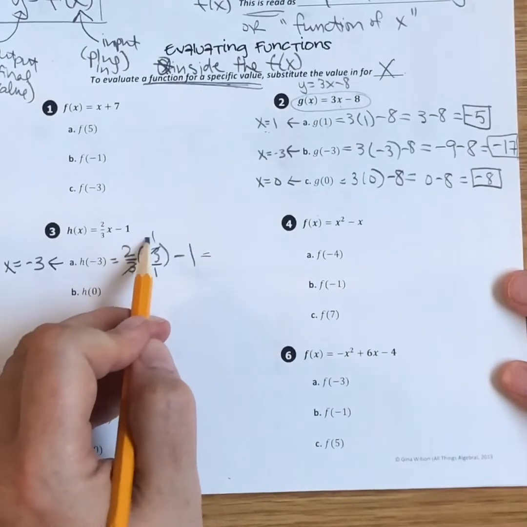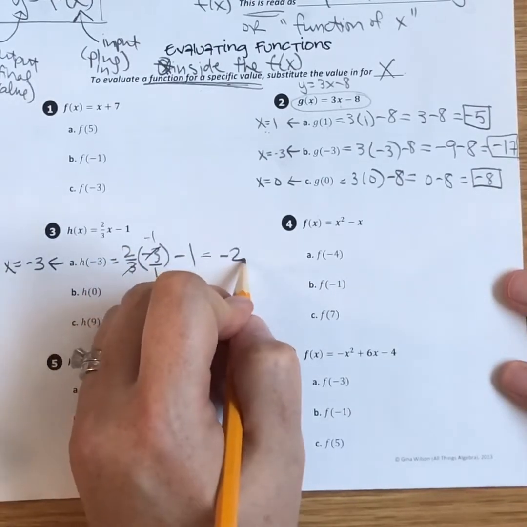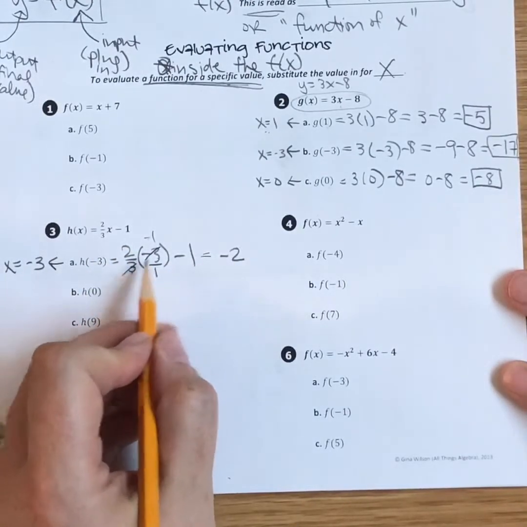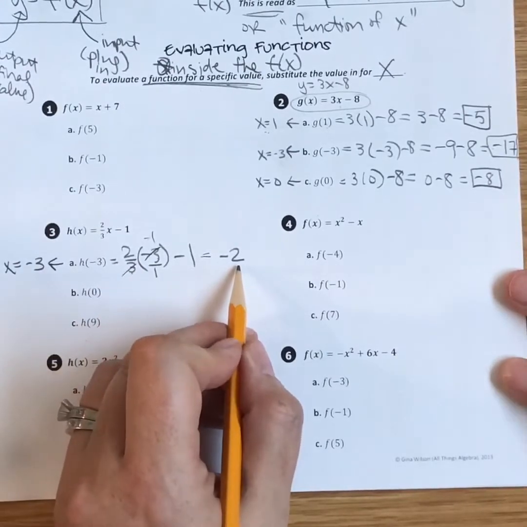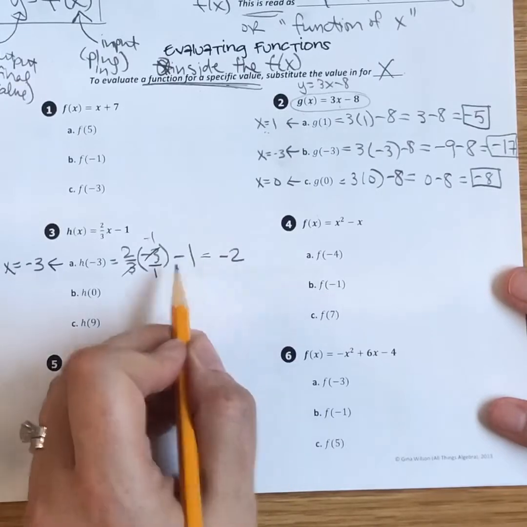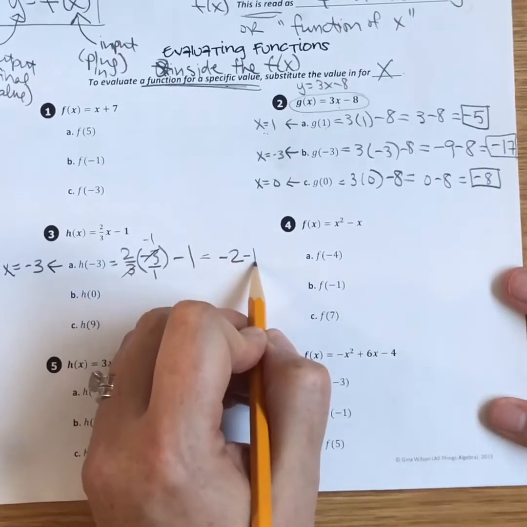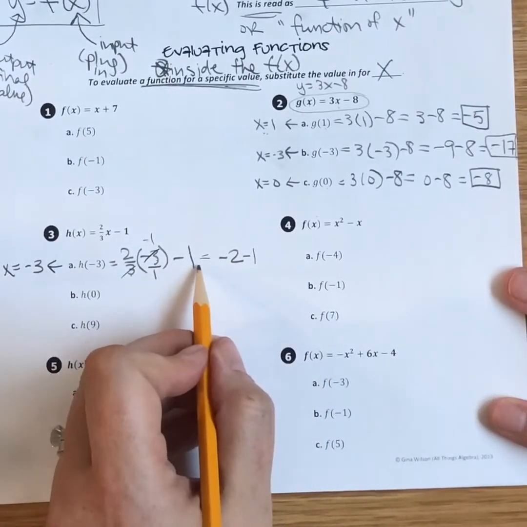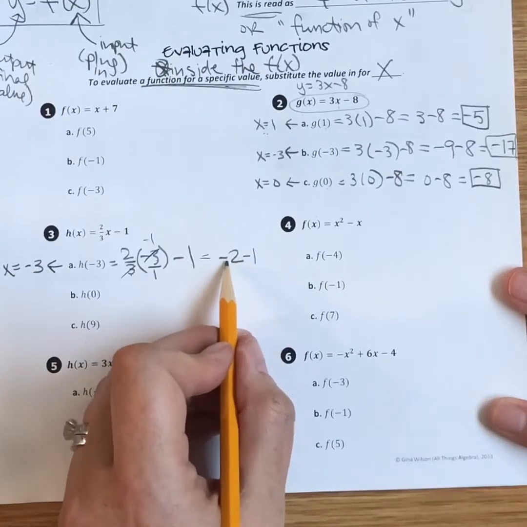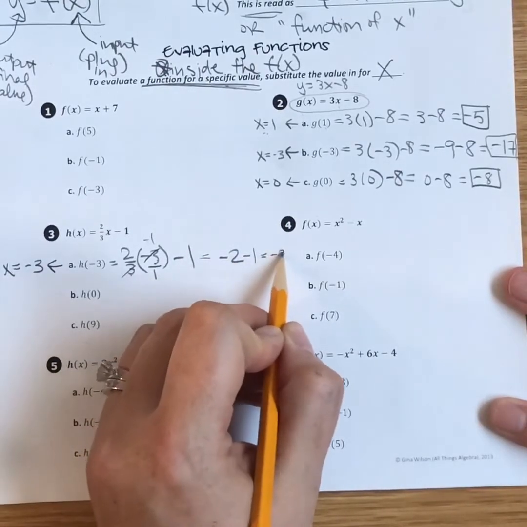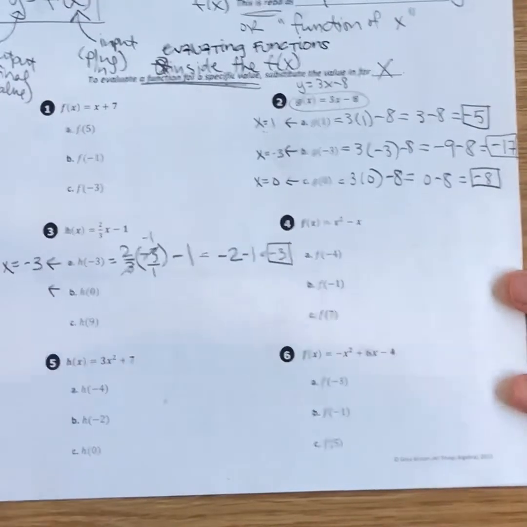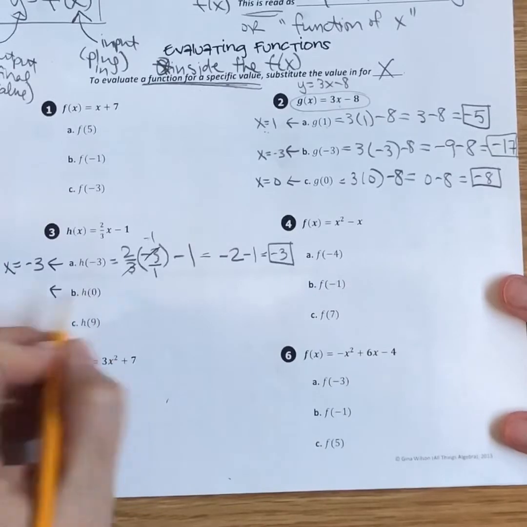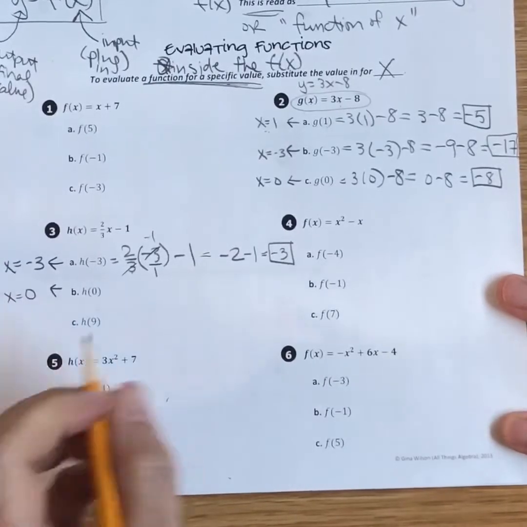And then 2 times negative 1 is negative 2. And since the 3's divide out, we don't need the 1 in the denominator. I'm not even going to write the negative 2 as a fraction. And then we just copy the minus 1. And with final order of operations, negative 2 minus 1 is negative 3. And we're done.